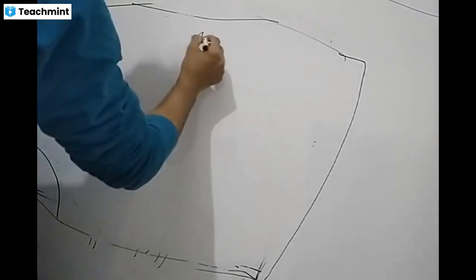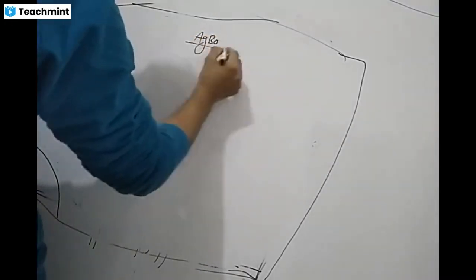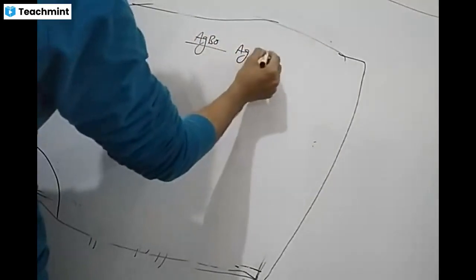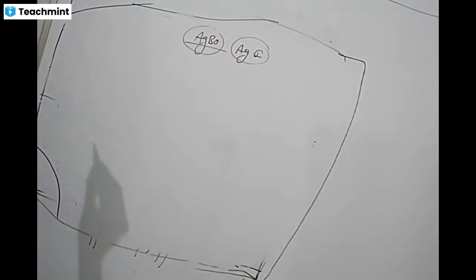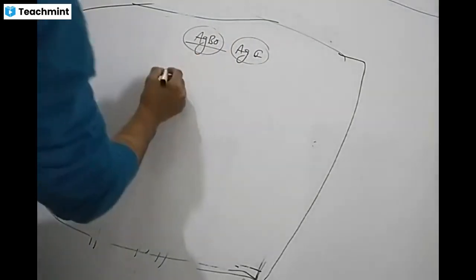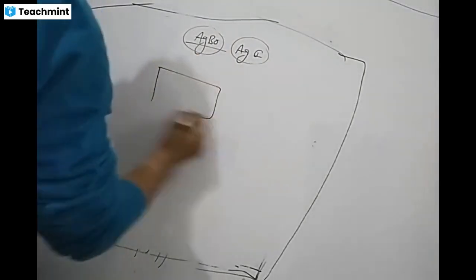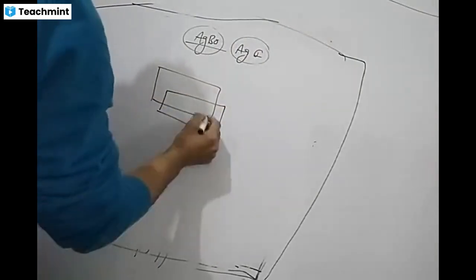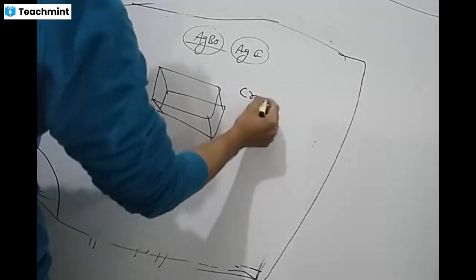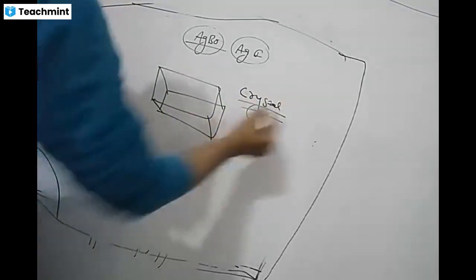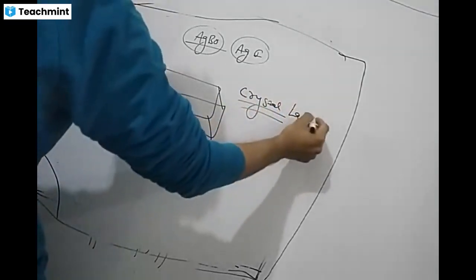If we look at AgBr or AgI, they form a structure known as a crystal structure, a crystal lattice.